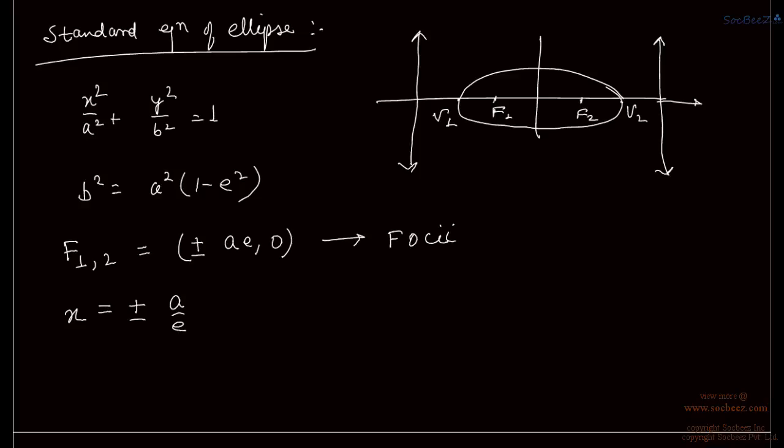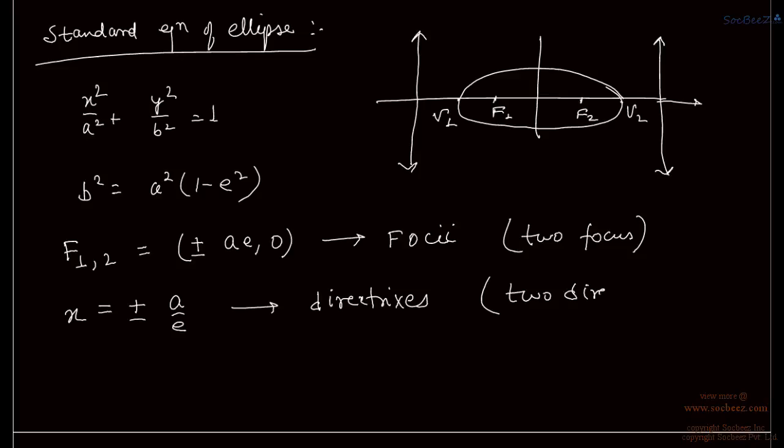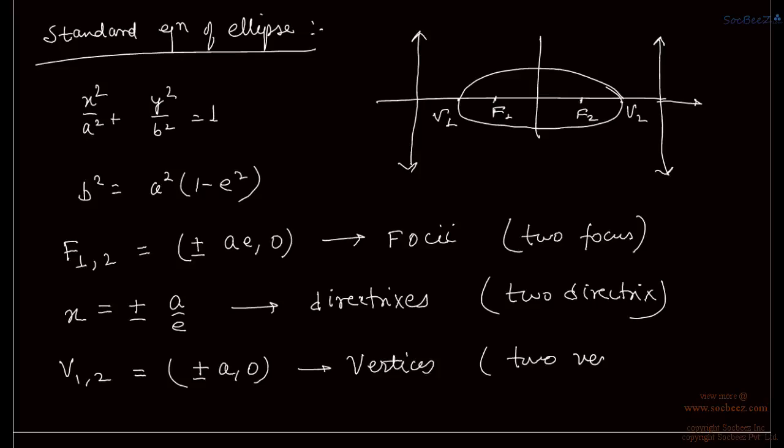So these are the two focuses, and this is the directrix. And the vertex is plus minus a, 0. Two vertices are there.